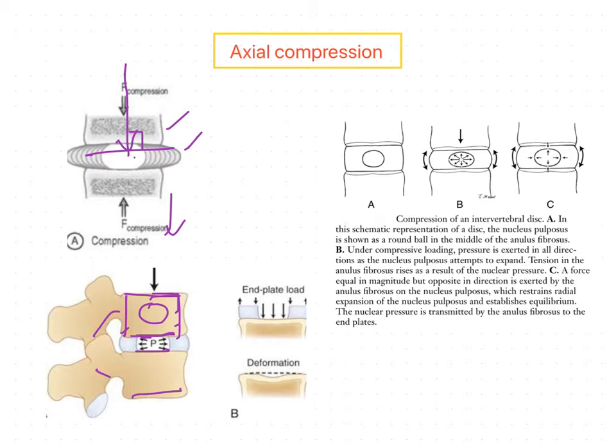After 40, the cortical bone carries a greater proportion of the load than the trabecular bone. So after 40, the cortical bone is going to carry more force than the trabecular bone.